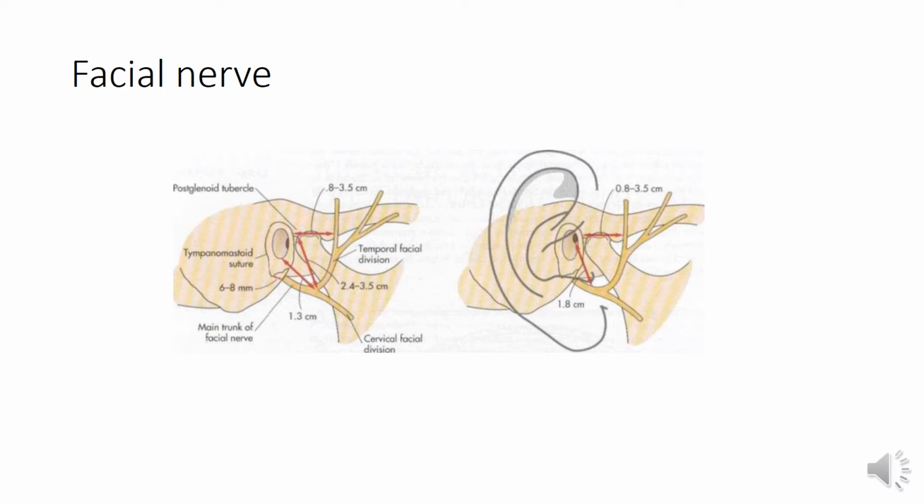Whereas to avoid cervical branch trauma, it is approximately 1.3 centimeters from the inferior aspect of the external acoustic meatus. So your incision should not extend more than 1.3 centimeters inferior to the external acoustic meatus. These are the landmarks that have to be kept in mind when planning an incision to avoid injury to the facial nerve.